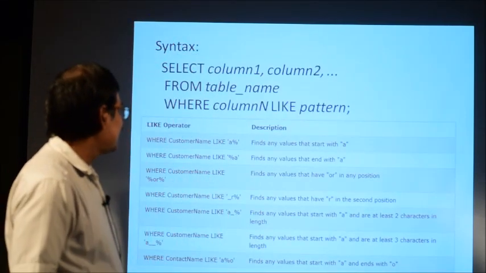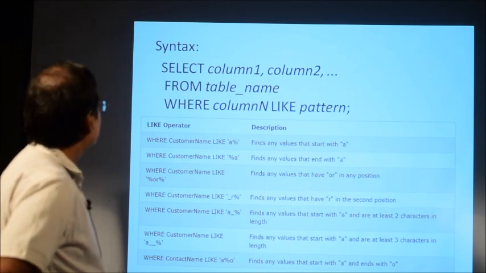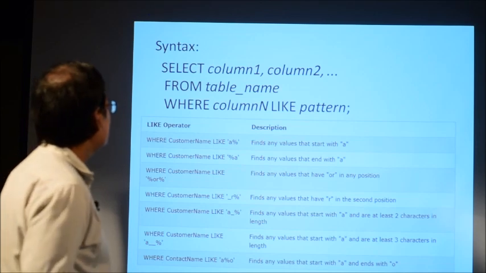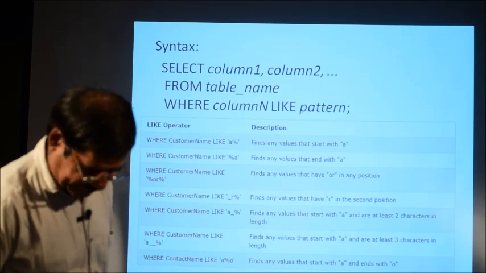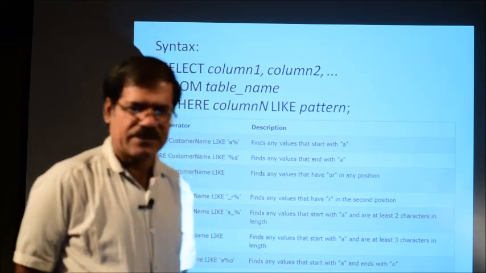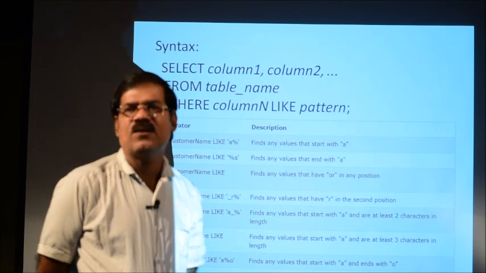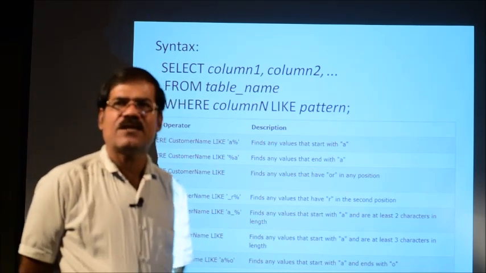So the syntax is like this: SELECT column 1, column 2, dot dot, column n. Any number of columns you can select according to your choice. If only one column is required, you write only column 1. If 2 columns are required, you write column 1 comma column 2.